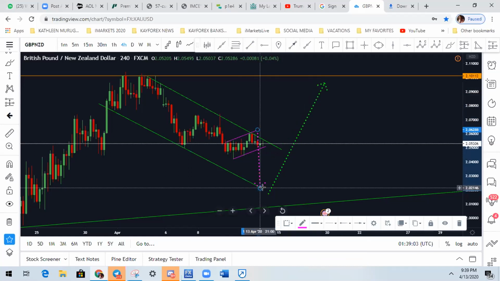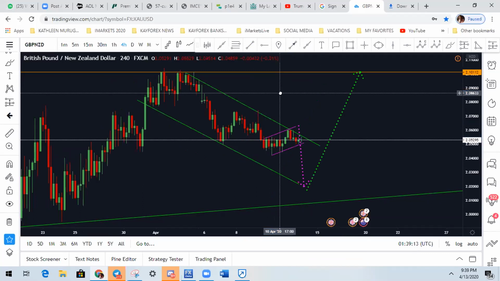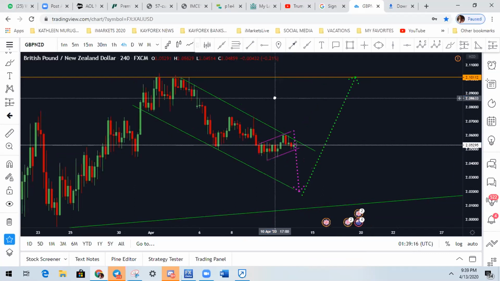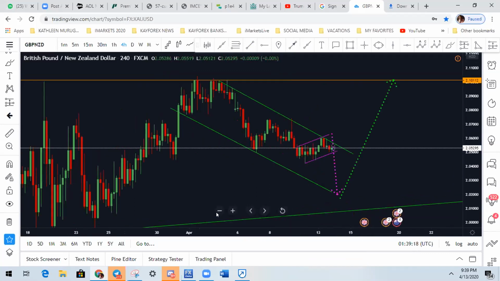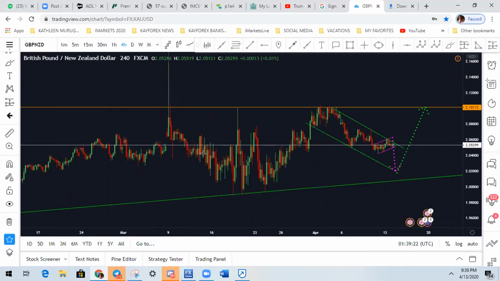It could do that. It's just a matter of looking at all the possibilities. So with that said, when we start looking left, we can see what price did here on these previous zones.